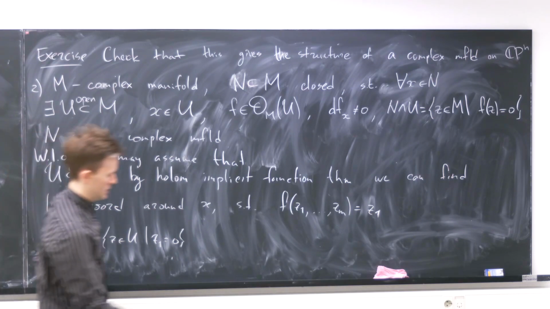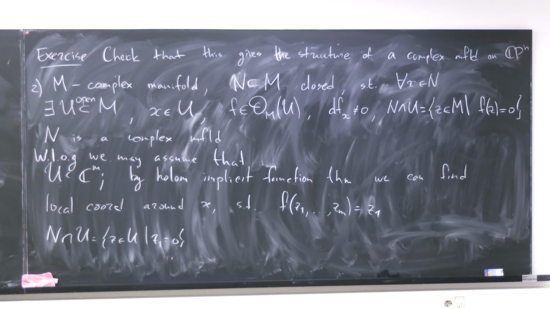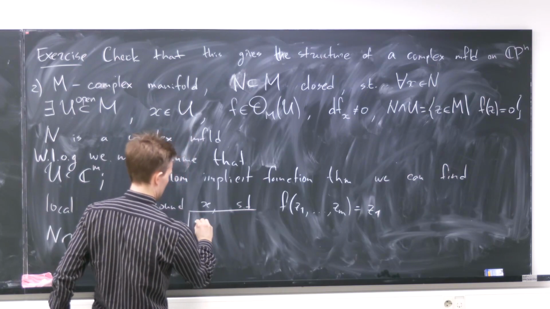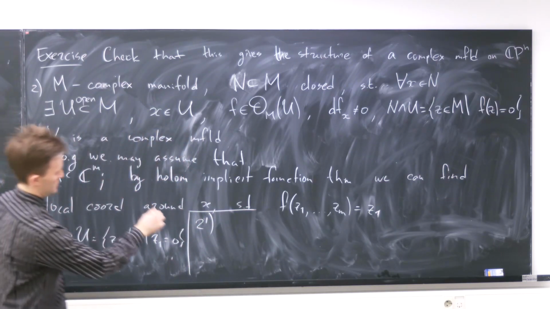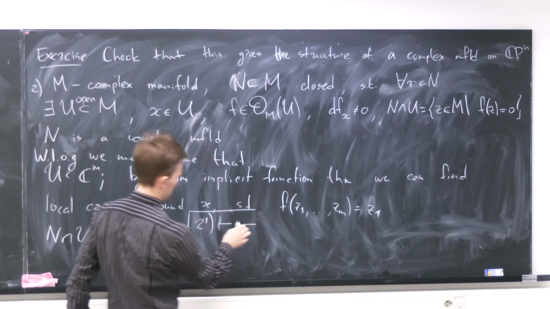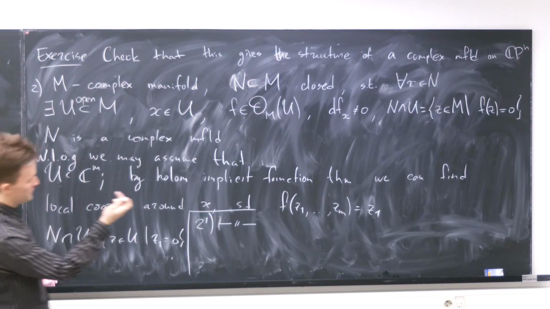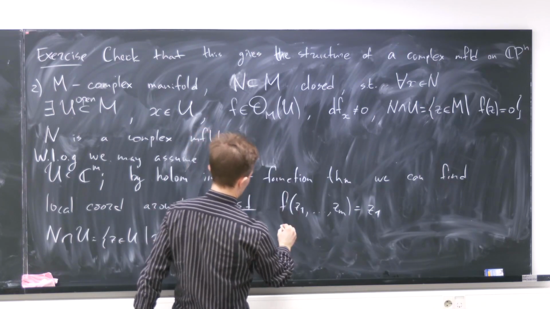And more generally, of course, not every submanifold is given by one equation. So let's call it example 2 prime. So N is again closed. Everything is as in example 2 above, but we have several functions, right?